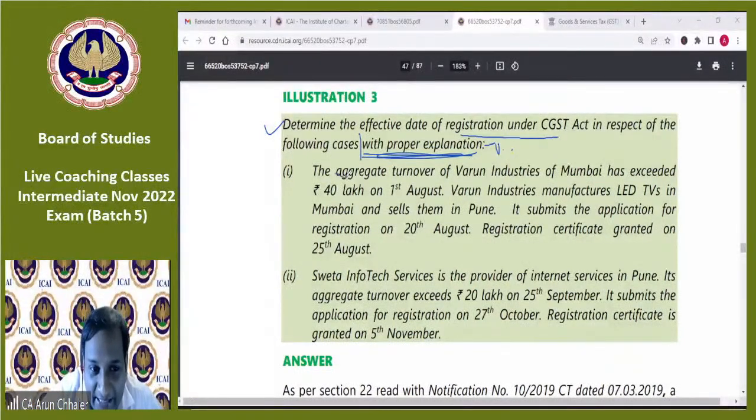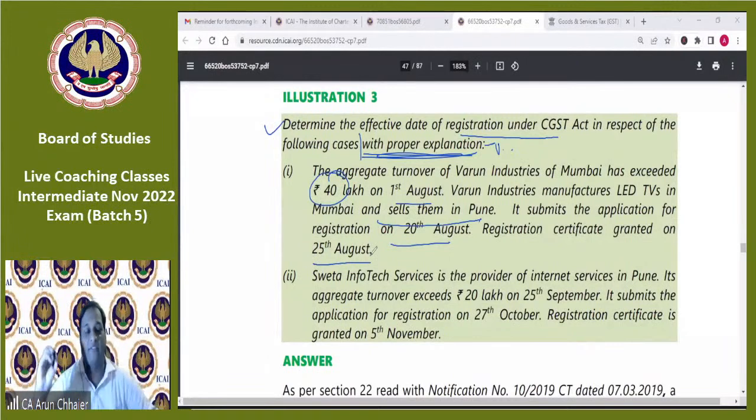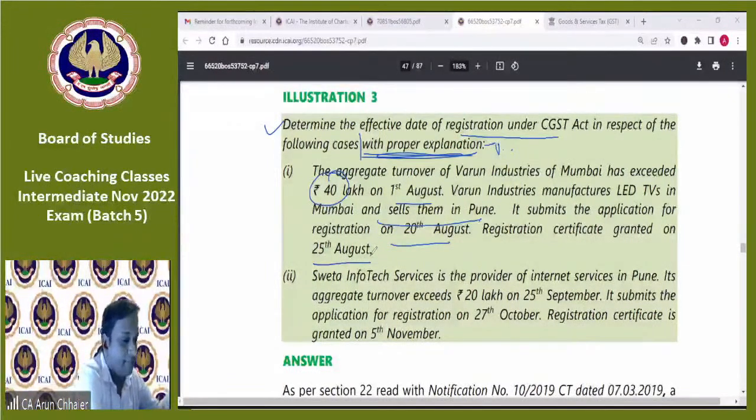Aggregate turnover exceeded 40 lakh on 1st August. Varun Industries manufactures LED TVs in Mumbai and sells them in Pune. It submitted the application on 20th August. The certificate was granted on 25th August. What is the effective date? Kindly all give the answer.